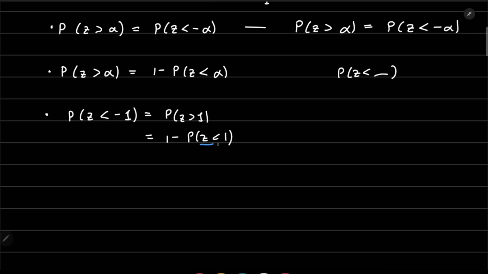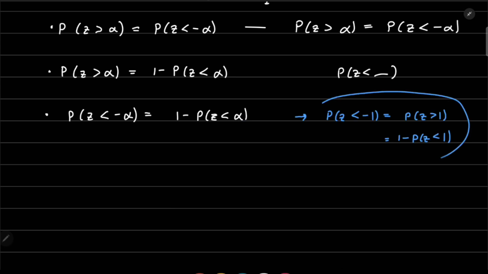Now we have z less than something. This is the format in which the table is given. So if I write it for general values, we'll get the formula: the probability of z less than minus alpha is 1 minus the probability of z less than plus alpha. So this is the example.